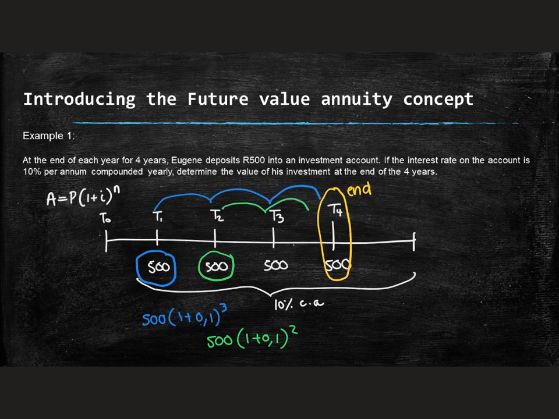Your third one, let's go red actually, is going to be 500 growing once, because it goes from here to here. And your last one has no interest growing on itself. This last one effectively is just going to be 500 times (1 plus 0.1) to the power of 0.